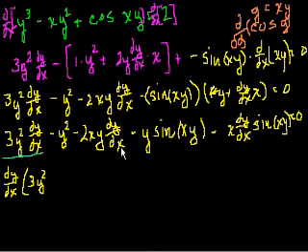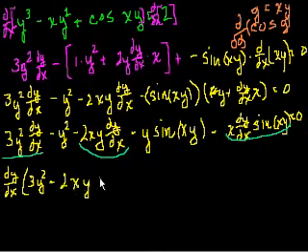This has a dy/dx, this has a dy/dx, and this has a dy/dx, so let me separate those out. So it's 3y squared minus 2xy minus x sine of xy minus sine of xy. Well, that's all of the ones with the dy/dx on them.